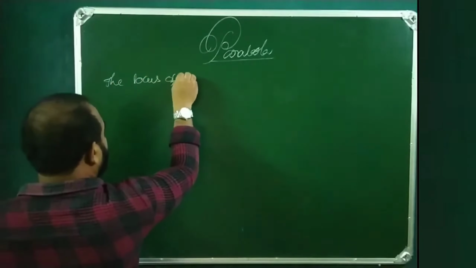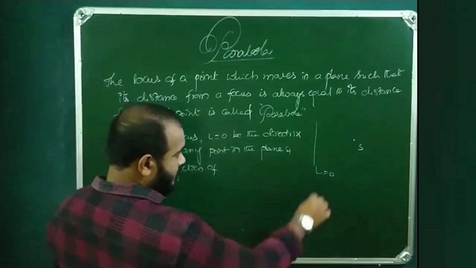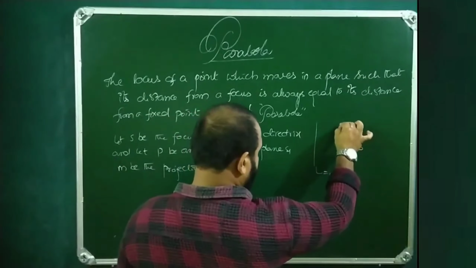Let P be any point in the plane, and M be the projection of P on L equals to 0.